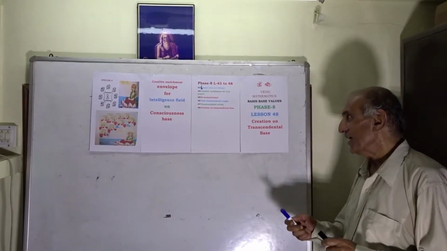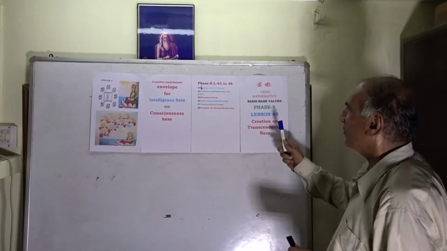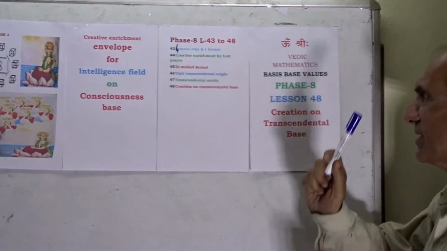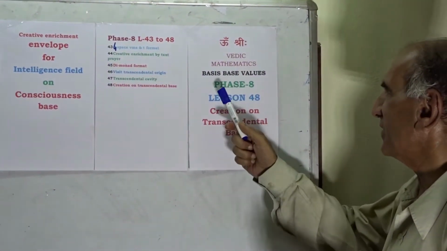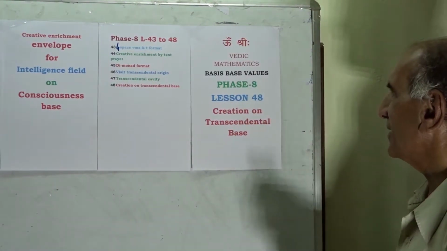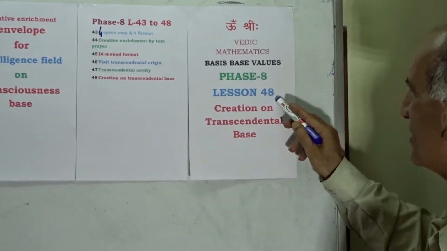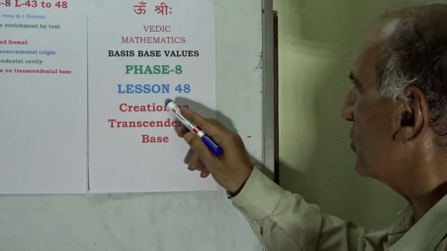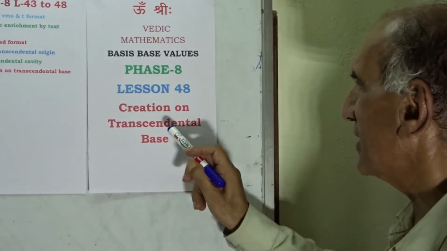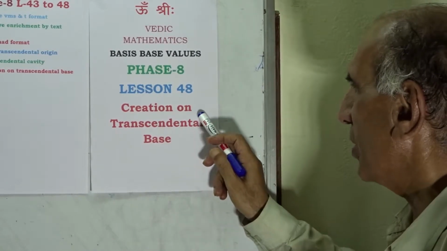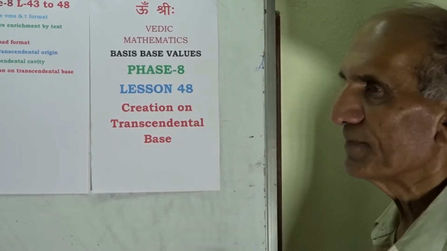In this phase 8, we are focusing upon 4-space VMST format. The present 48th lesson, the conclusive lesson, the final lesson of this phase, is captioned Creation on Transcendental Base.